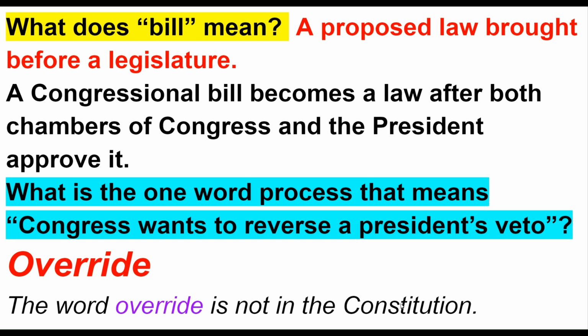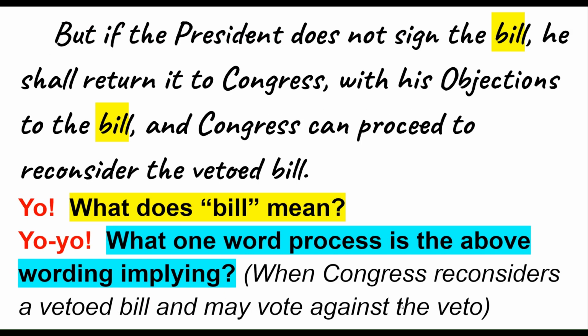Now, what does bill mean? That is a proposed law brought before a legislature. And I think I may have skipped one there. I did. I skipped one. Okay. The next bit of language is, but if the president does not sign the bill.